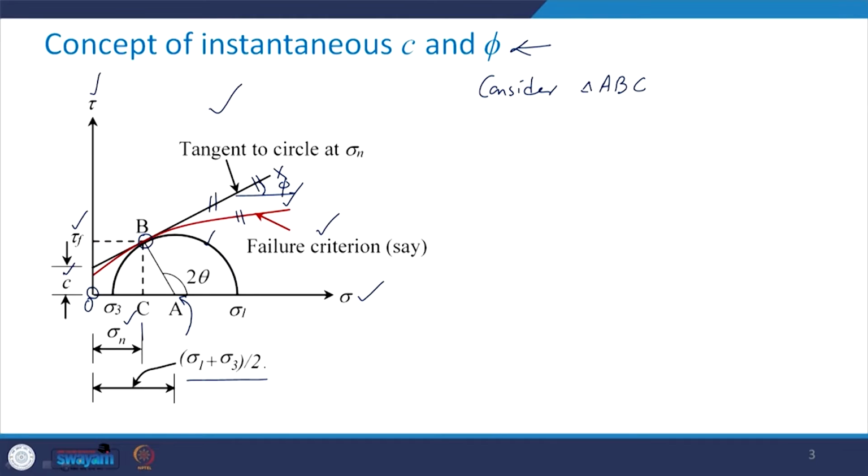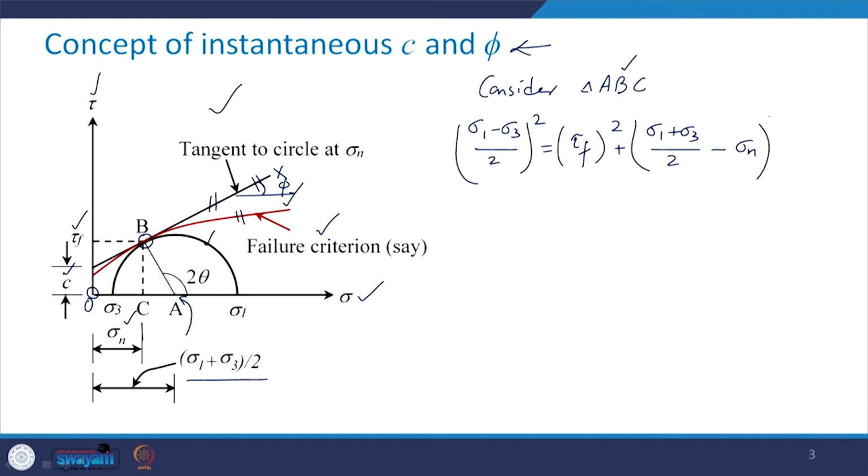So, when we consider this triangle ABC, we can write (sigma 1 minus sigma 3 upon 2) whole square is equal to tau f square plus (sigma 1 plus sigma 3 upon 2 minus sigma n) whole square.